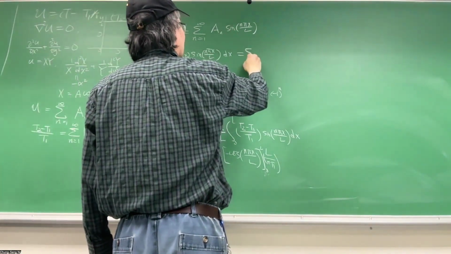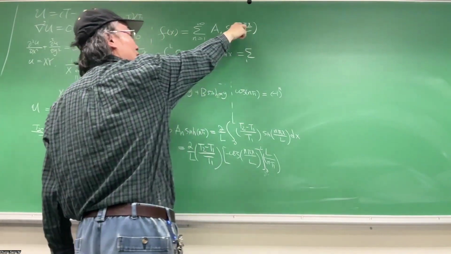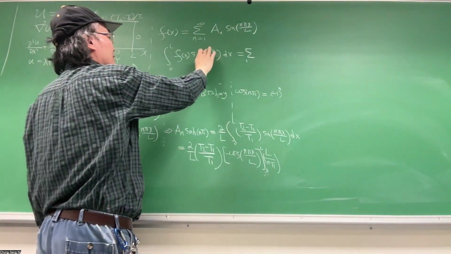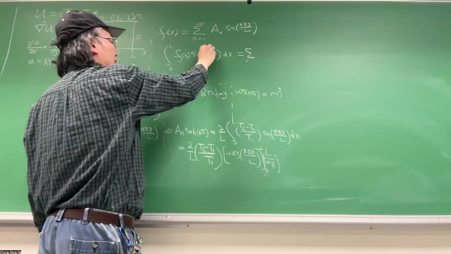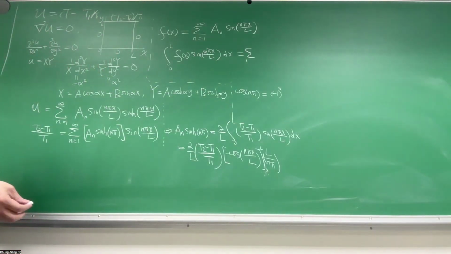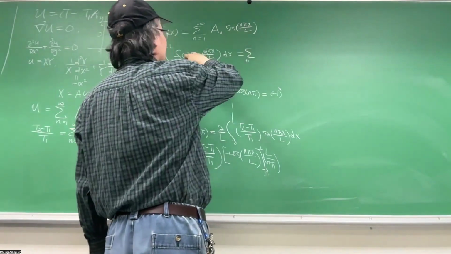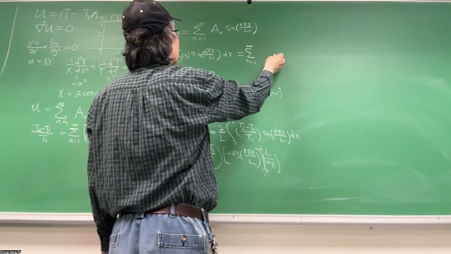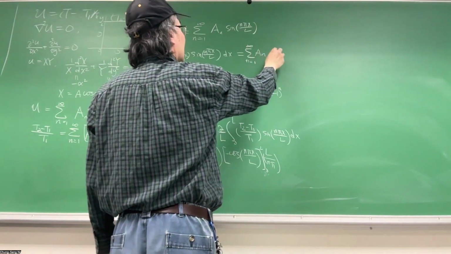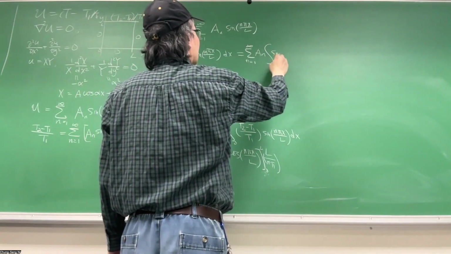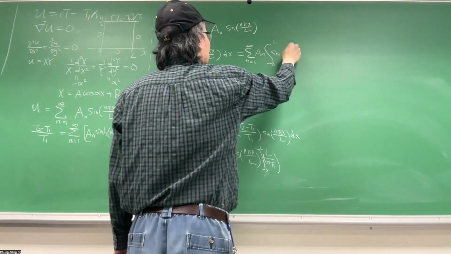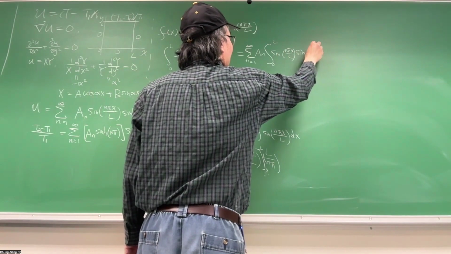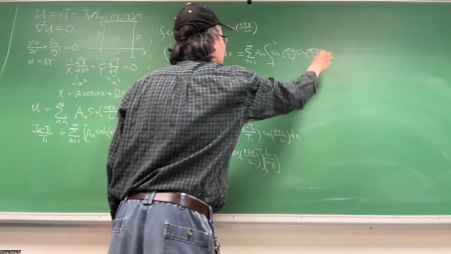When you substitute, you need to change either this or that index. It doesn't matter; I can say I multiply by sine of m pi x over L. Then there would be no conflict, and you have a sub n, and then sine n pi x over L, sine m pi x over L dx.